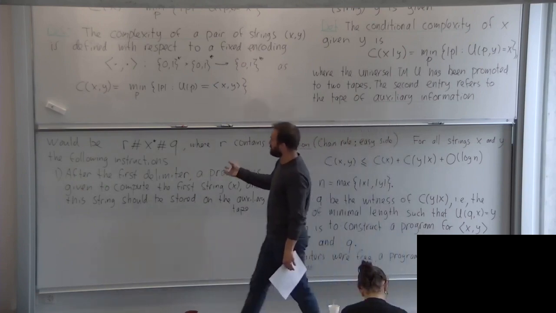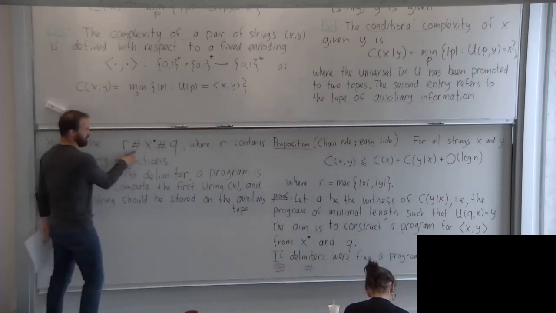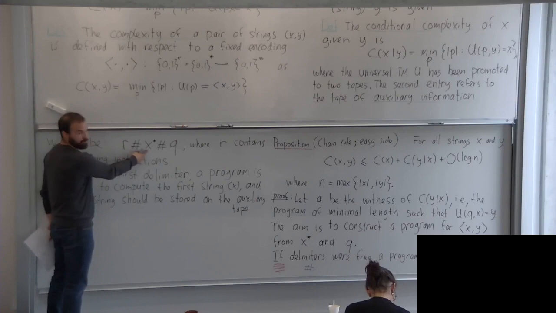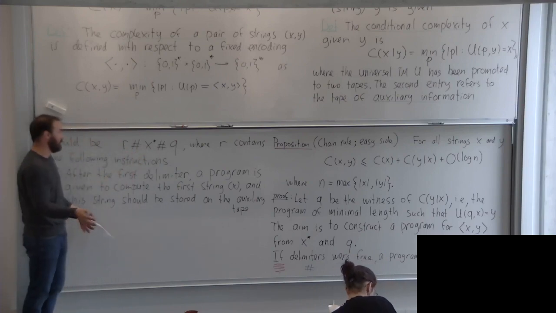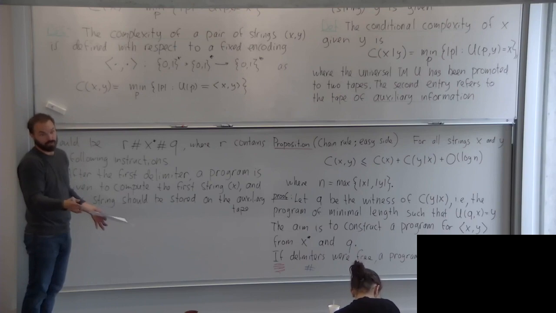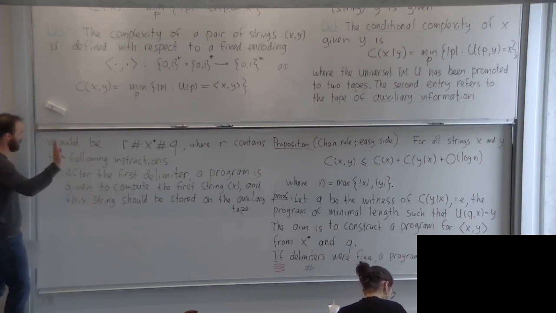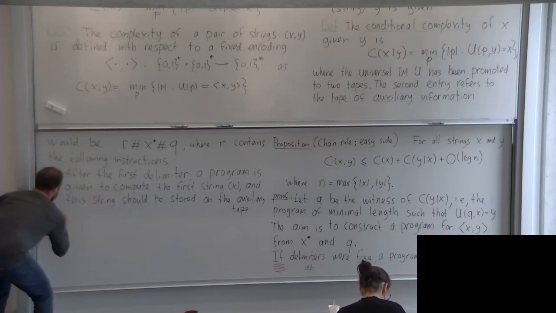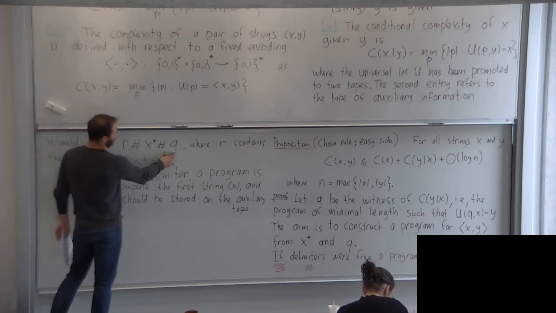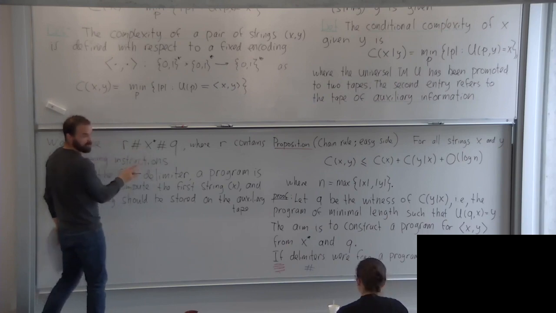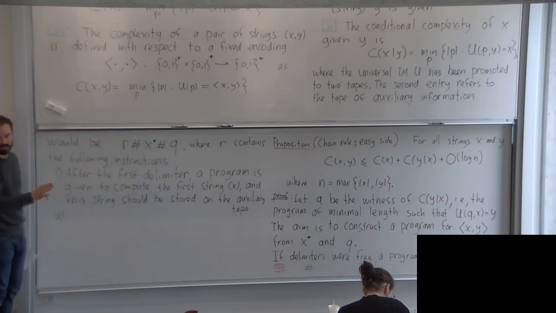Okay, so R contains the first instruction which says, okay, you're going to meet a first delimiter, and what you're going to meet is some program, execute it, terminate the computation. What you're going to have is your first string that you're looking for. Store it somewhere. And the second routine is, well, after the second delimiter, you have another program, Q, which, with the help of what you've just computed x, is going to produce another string.